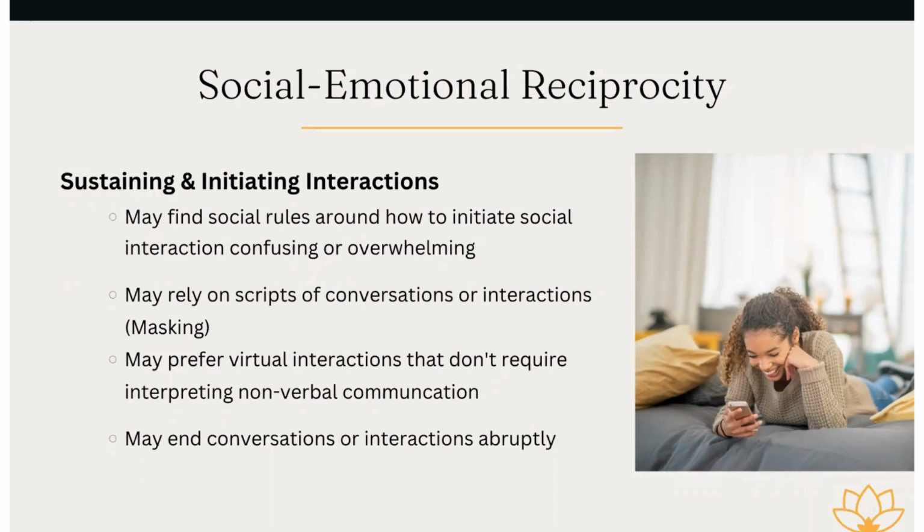When they're doing a virtual interaction like texting, phone calls, chatting in groups, things like that, it doesn't require them to be observing the other individual and trying to take in all of that extra communication that's coming from body language, facial expressions, things like that.